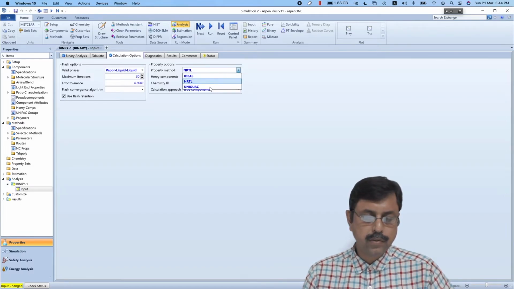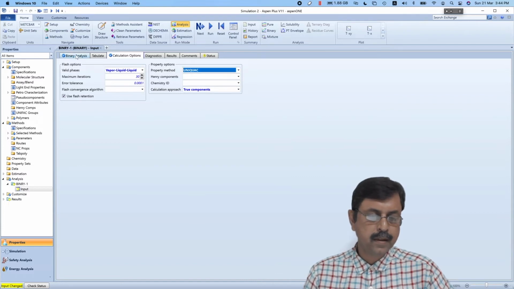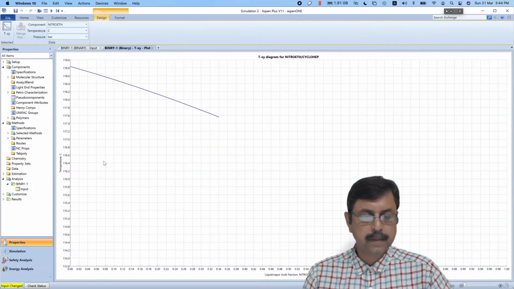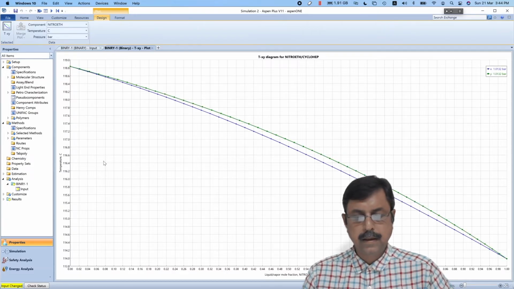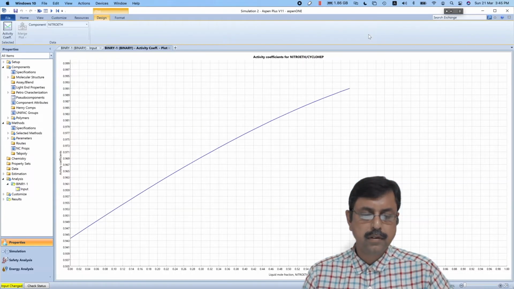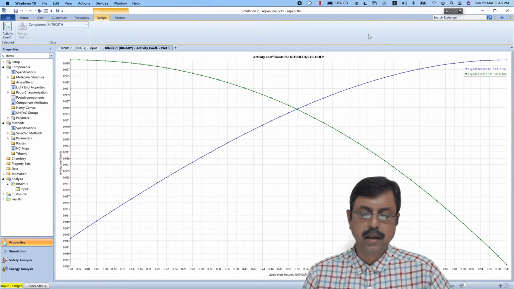So let us take UNIQUAC and redo the binary analysis. Here we get a slight difference from the ideal system, or for that matter the inertial system. Now let us check the activity coefficient curve. Yeah, now we are getting some different nature.